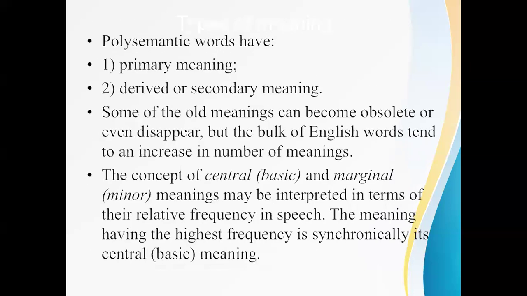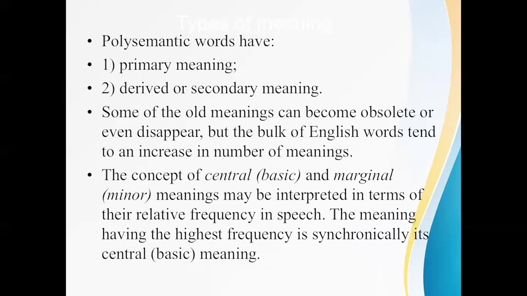Types of meaning. Polysemantic words have first, primary meaning, and second, derived or secondary meaning. Some of the old meanings can become obsolete or even disappear, but the bulk of English words tend to an increase in the number of meanings.